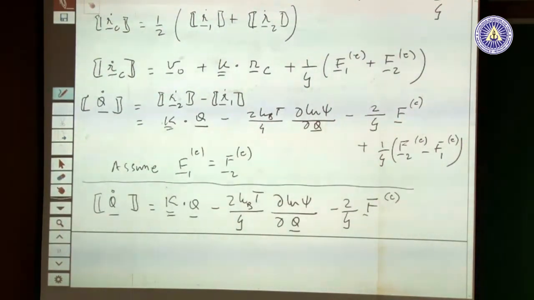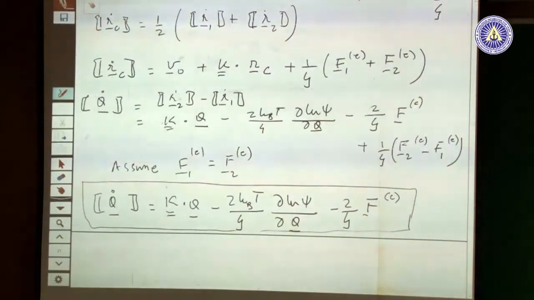Okay. So, that is going to take us halfway to finding the diffusion equation for the probability distribution psi. We will stop here. The continuity equation will take another 10 minutes, I think. But tomorrow we will start with the continuity equation and get the diffusion equation and continue from there.